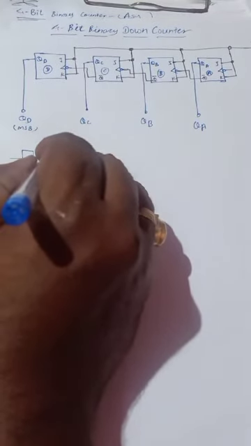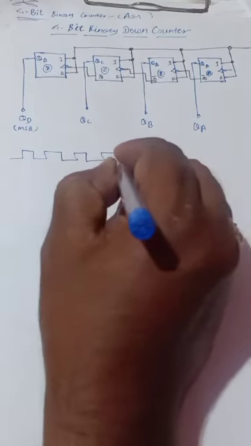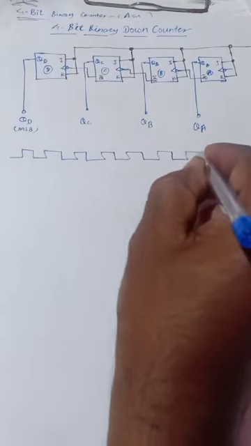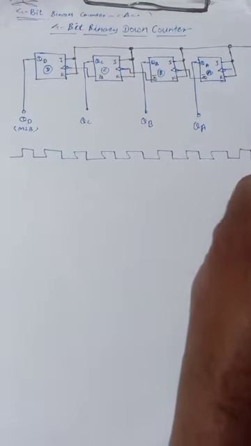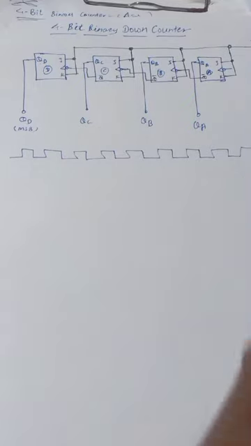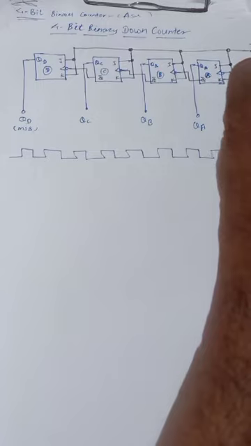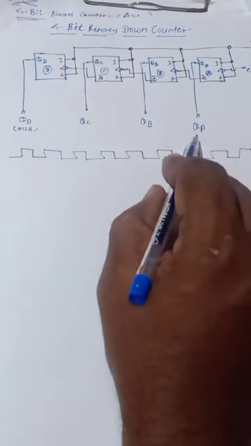Okay, so we have the clock. This is a clock we are going to apply to the first, A flip flop, whose output is the LSB.